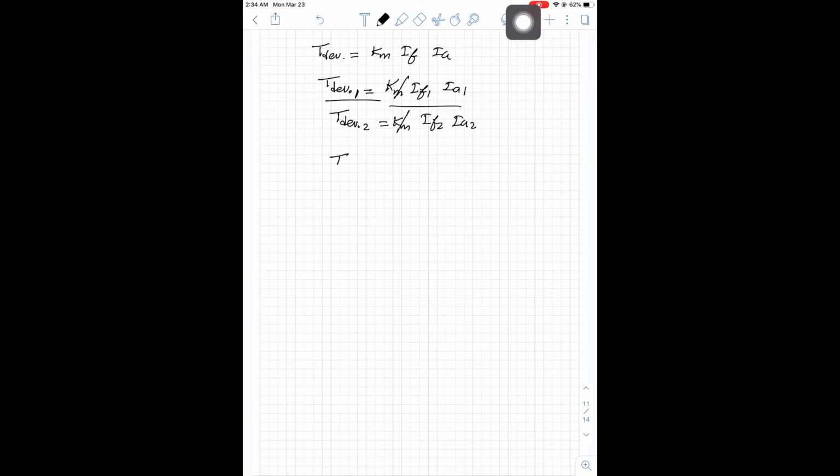So we can say that T developed 1 divided by T developed 2 equals IF1 divided by IF2 multiplied by IA1 divided by IA2.